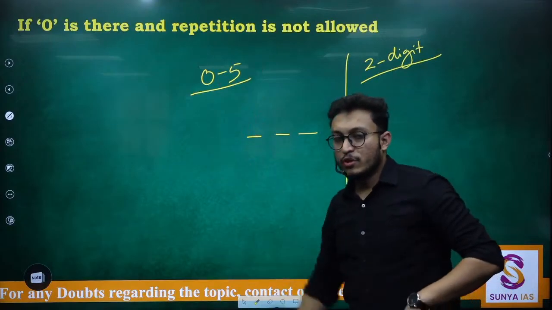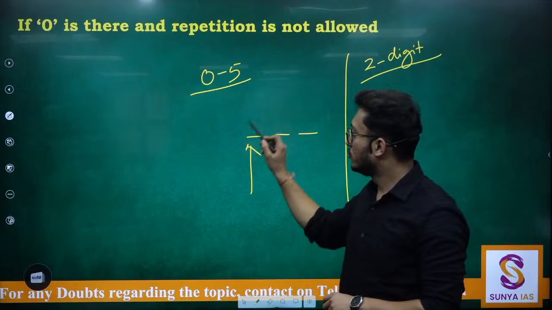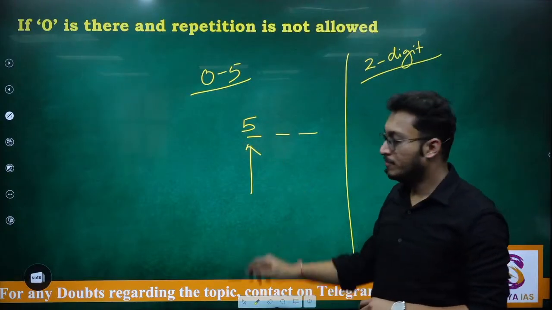So you have digits from 0 to 5. You cannot fill a 0 here, so you have 5 options.